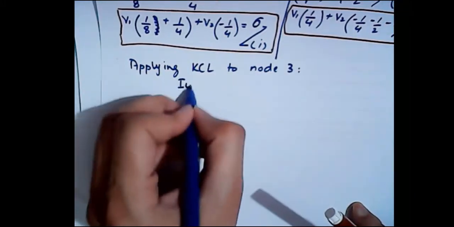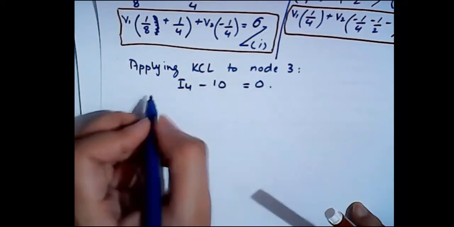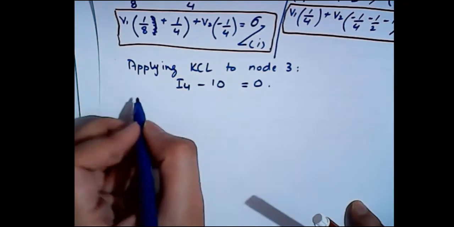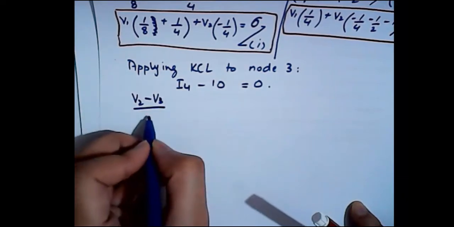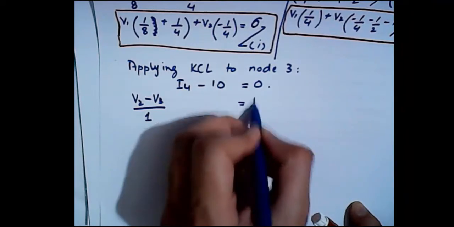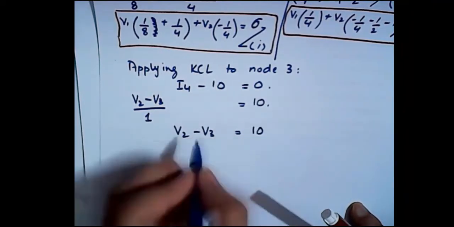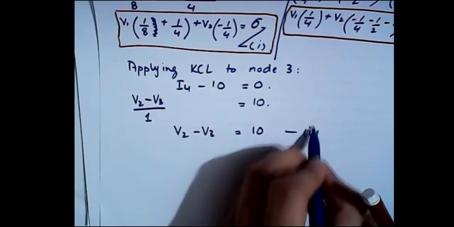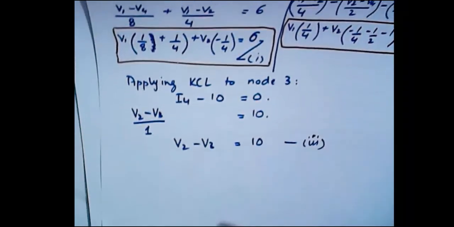That makes I4 minus 10 is equal to 0 and I4 is equal to (V2 minus V3) divided by 1, which is equal to 10, or you can say that V2 minus V3 is equal to 10. This will be your equation number 3, right?